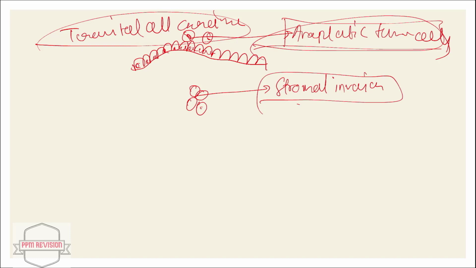Then we also have some diagrams like hereditary spherocytosis as well, and also the acute lymphoid, and all these diagrams. So it's a small topic, so I'll just draw it in one page and finish it off.